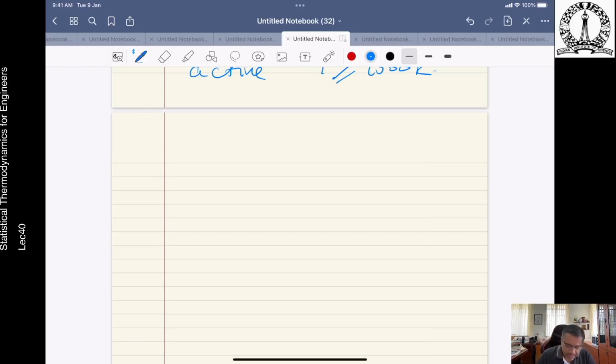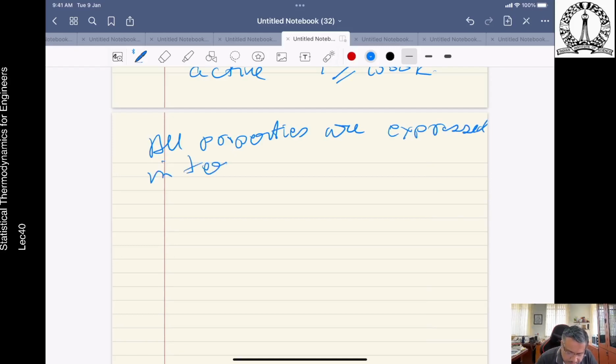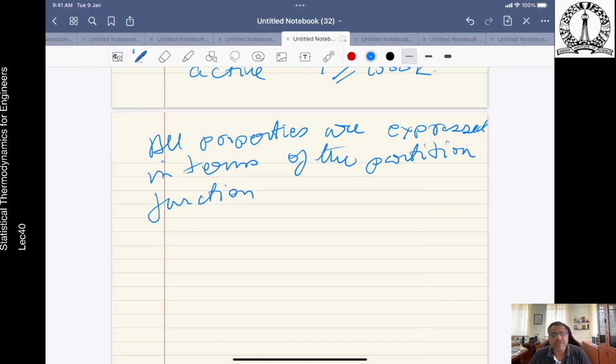So all properties, we know, are expressed in terms of the partition function.